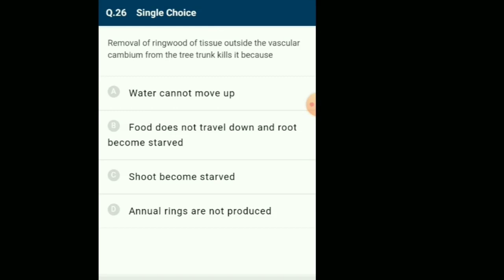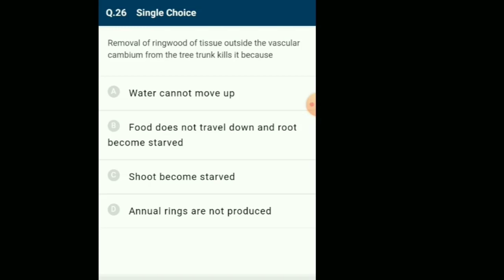The primary phloem is crushed to death, known as obliteration. Primary xylem, being dead and lignified, is replaced in the pith region. Removal of ring wood outside the vascular cambium kills the tree because the phloem gets removed and the food synthesized in the leaves does not move to different parts of the plant.